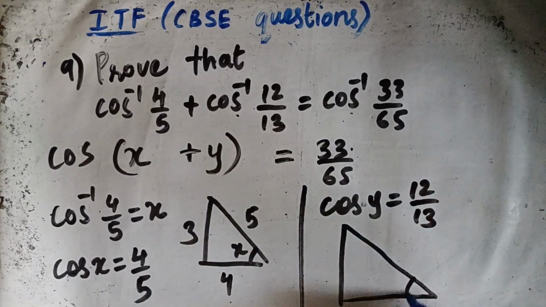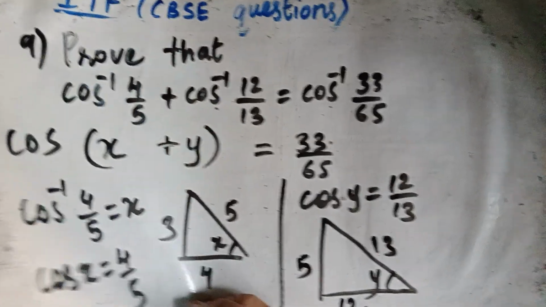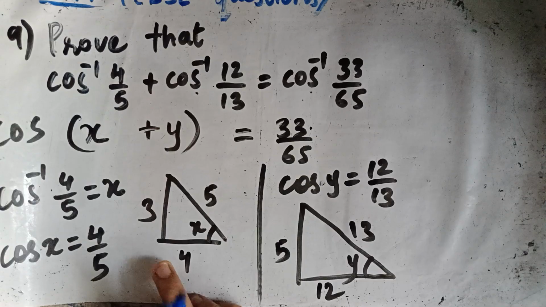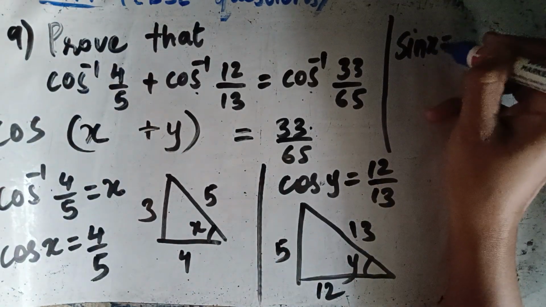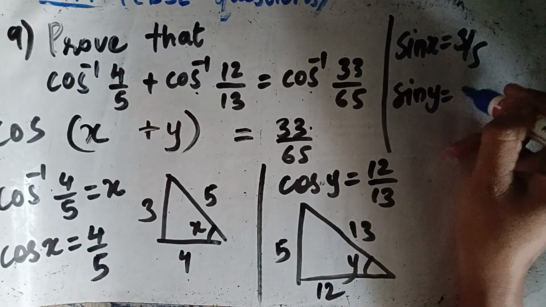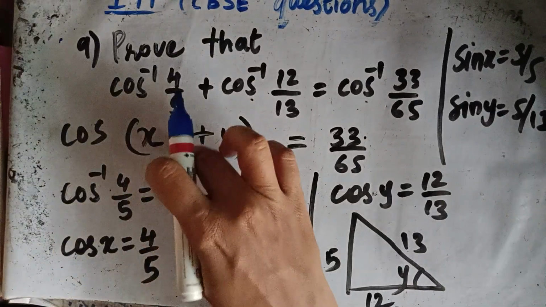Again constructing the triangle with y as angle, you will get 12, 13 and this is nothing but 5. Okay. So now from this you can write the value of sin x. Sin x is 3 upon 5. And what about sin y? 5 upon 13. Okay. These values you have to substitute in this.